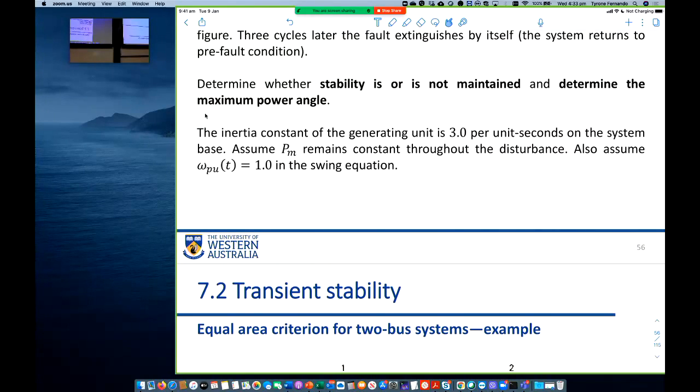So the generator has mechanical power input, but the electrical power output is 0. Then what's going to happen within that period? Because PM minus PE is a positive number, PE is 0, so delta is going to accelerate during that 3 cycles.